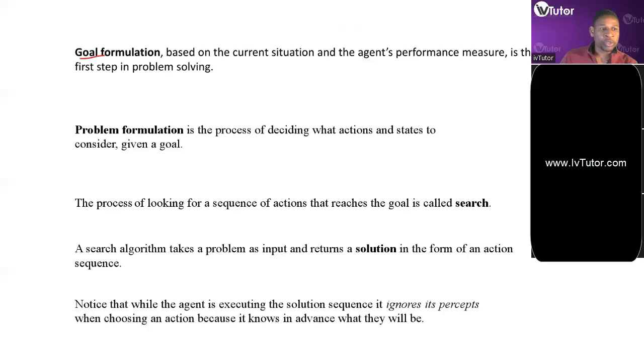So we've got goal formulation, right? Based on the current situation and the agent's performance, it is the first step to solving a problem. If you are in a given scenario, goal formulation is the first step to solving a problem. You have a problem.